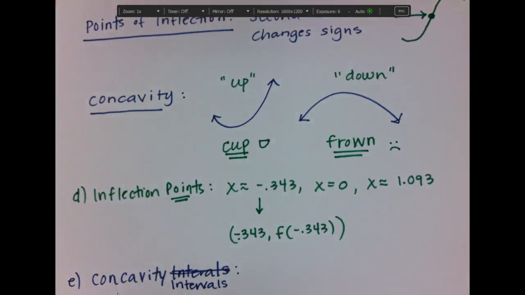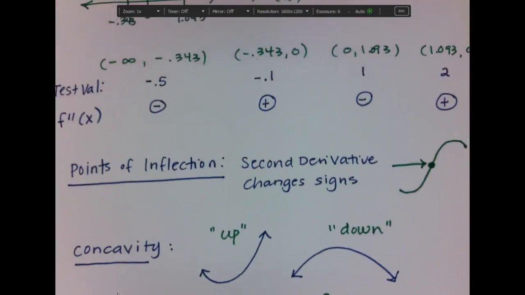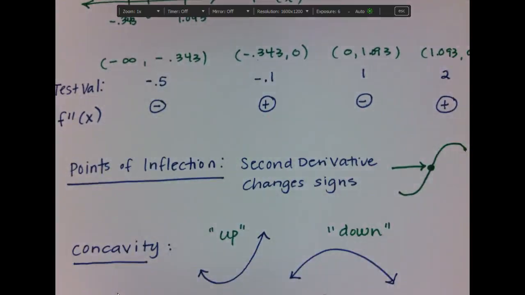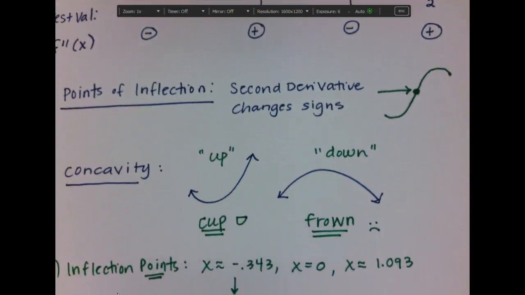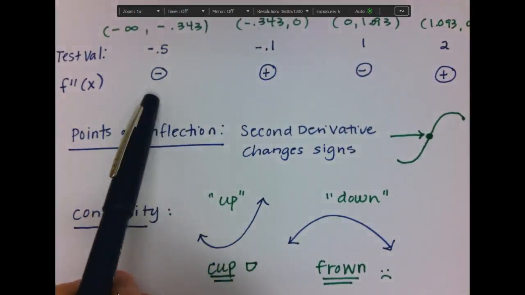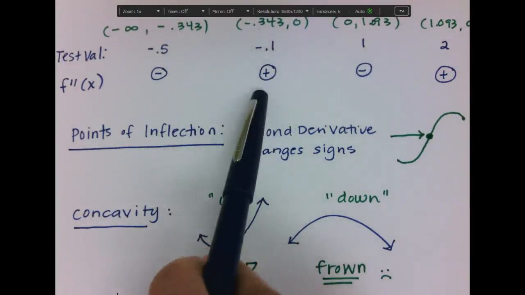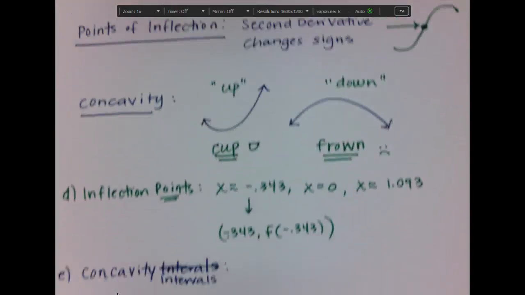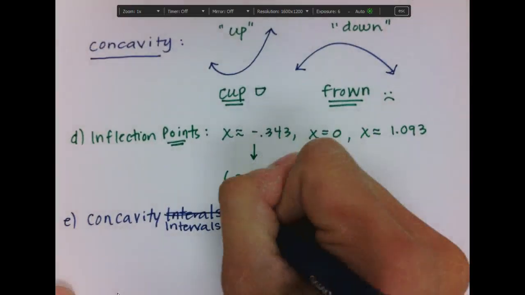I'm going to use my second derivative test, and these signs are going to correspond directly with whether I'm concave up or concave down. So in this first interval, I'm concave down, then I'm concave up, and then down, and then back to up. So you may want to write it like this.